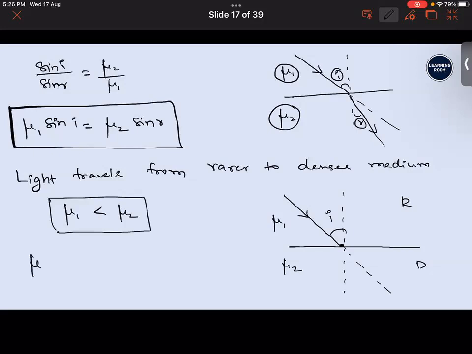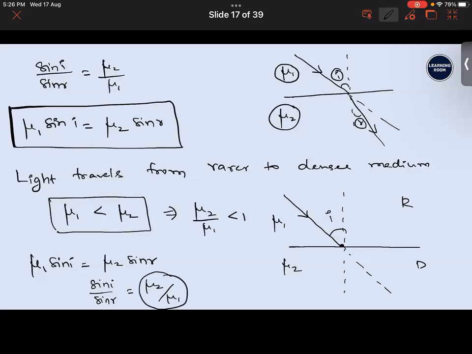So if I write the expression mu1 into sin I is equal to mu2 into sin R, observe, sin I by sin R will be equal to mu2 divided by mu1. From this expression, I can say mu2 by mu1 is less than 1.